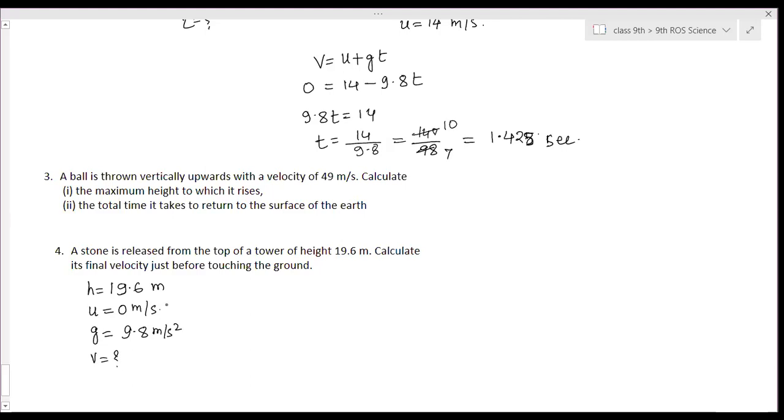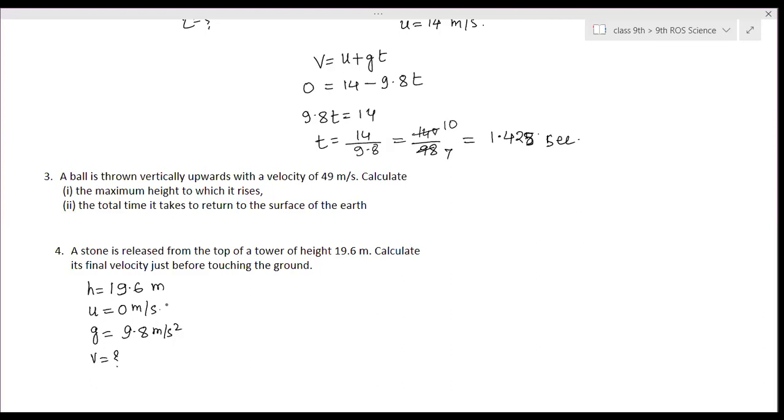V you have to calculate. Ma'am, in this you have to use V square is equal to U square plus 2GH, right? Yes. Ma'am, is the answer 19.6?